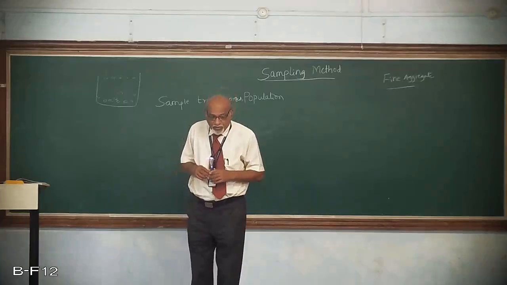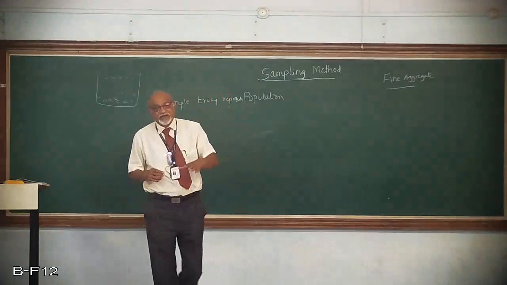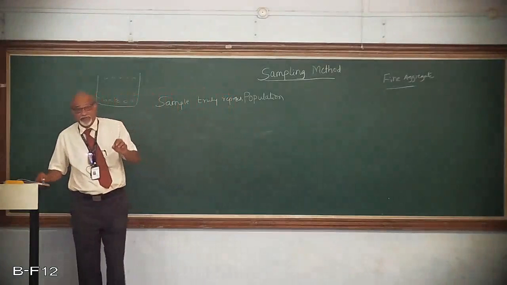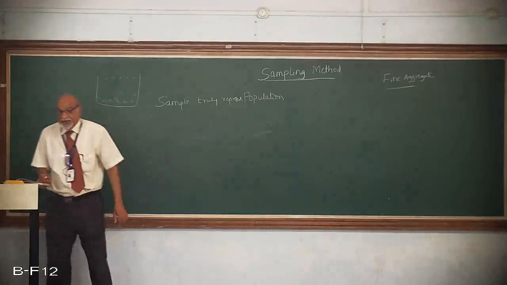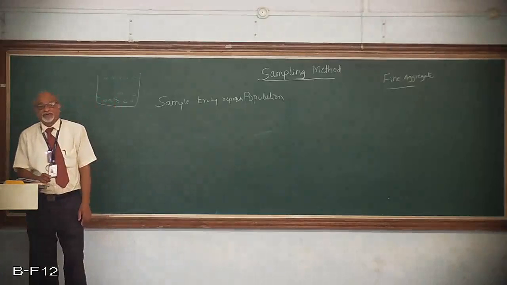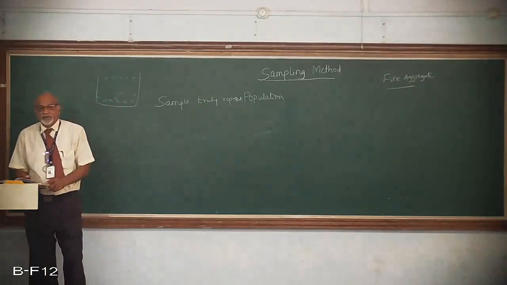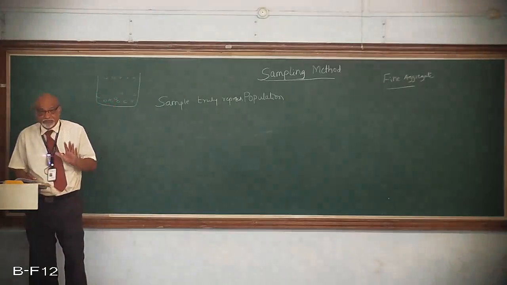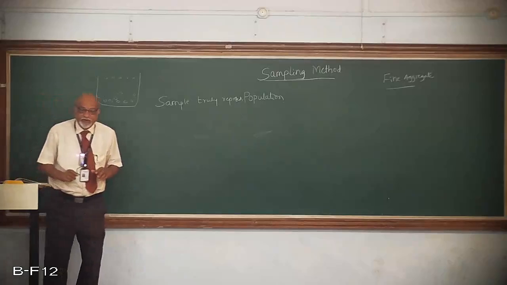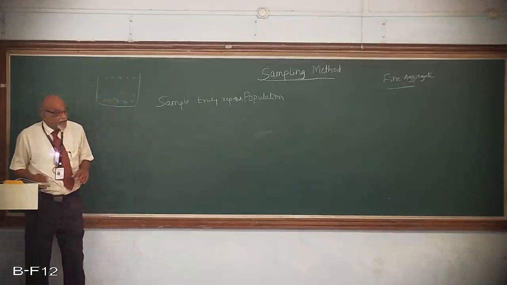So that is what we will be discussing about these sampling methods. That means how to collect a sample. The first one is simple random sampling. What are the different sampling methods?